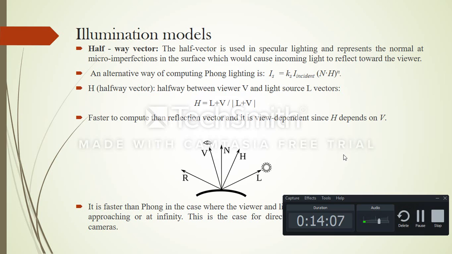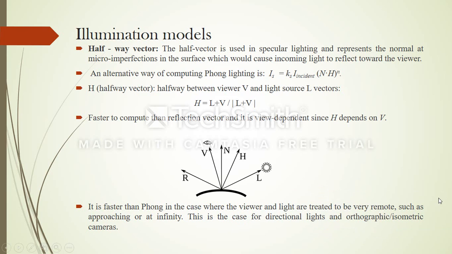An alternate way to compute Phong lighting is given by this equation. It is faster than Phong in the case where the viewer and light are treated as very remote, such as approaching infinity. This is the case for directional lights and orthographic cameras.